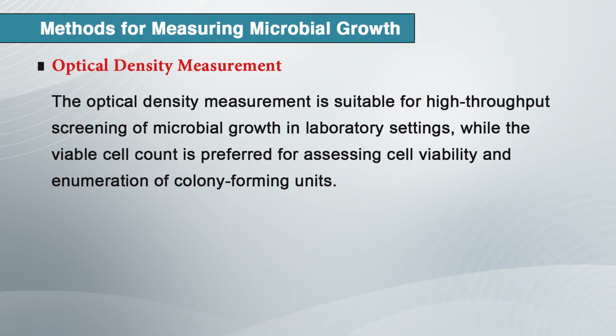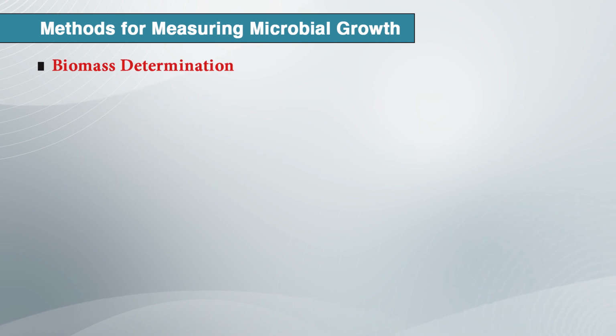So, the optical density measurement is suitable for high throughput screening of microbial growth in laboratory settings, while the viable cell count is preferred for assessing cell viability and enumeration of colony forming units, or it is called CFU per ml. The biomass determination methods are valuable for accurately quantifying cellular biomass in the bioprocess and industrial application.